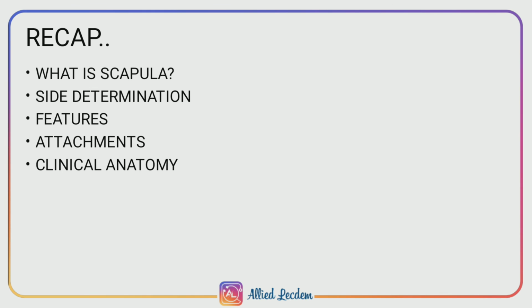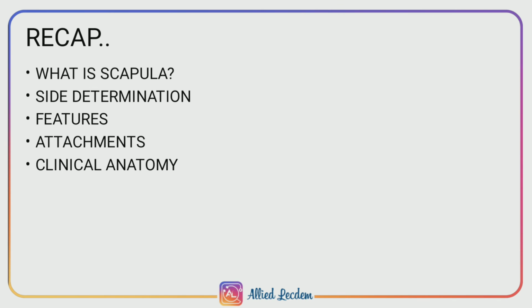Next are the features, namely surfaces, borders, angles, and processes. There are two surfaces, costal and dorsal; in borders, superior, lateral, and medial; in angles, superior, inferior, and lateral; and in processes, spinous, acromion, and coracoid.